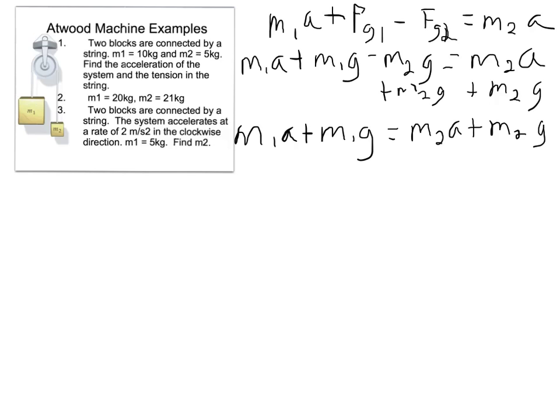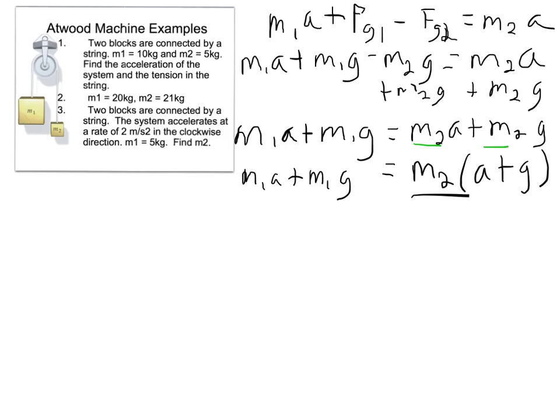I'm solving for m2, so I've got to get it by itself still. I'm going to factor out m2, leaving me with m2 times (a plus g). The other side stays the same, m1a plus m1g. Divide by a plus g on both sides.